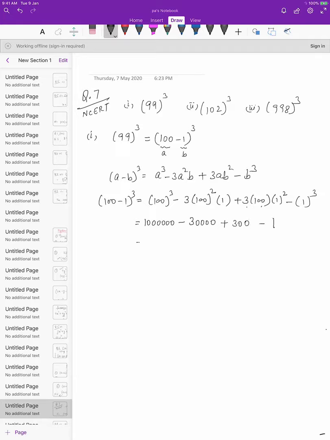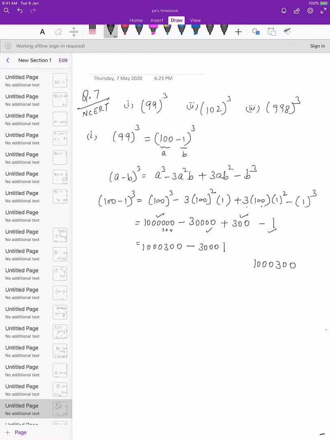Now what you need to do is just add up the positive numbers together. So 300 will be added here and you will get 1000300 minus, add up these two numbers because they are negative numbers, 30001, and now you just subtract this number.